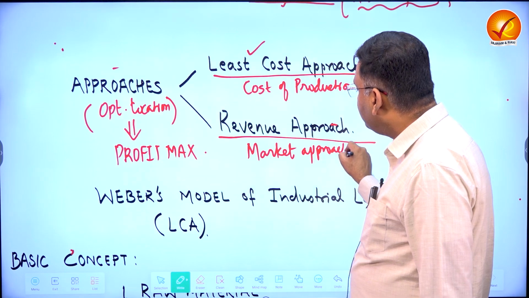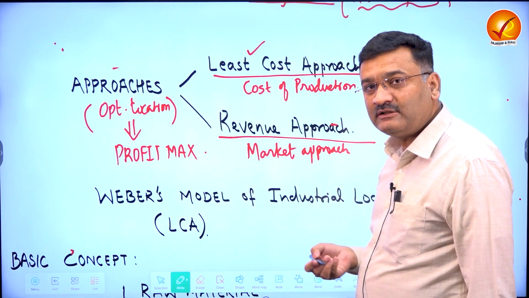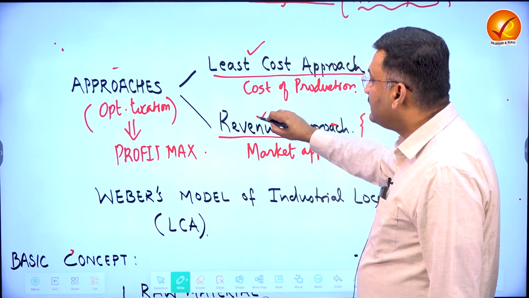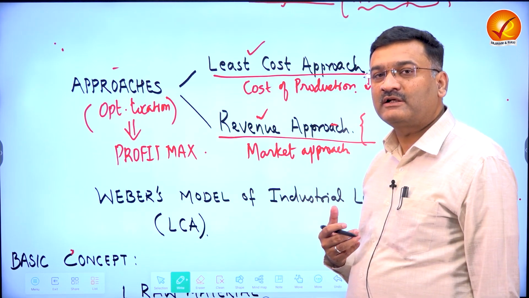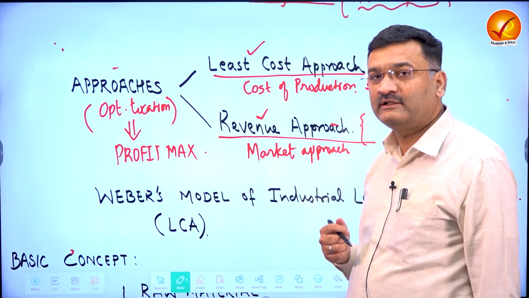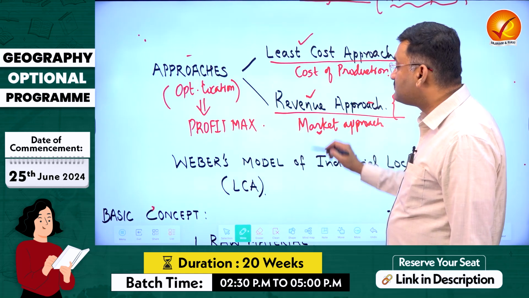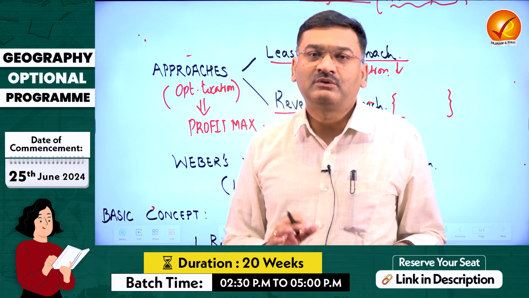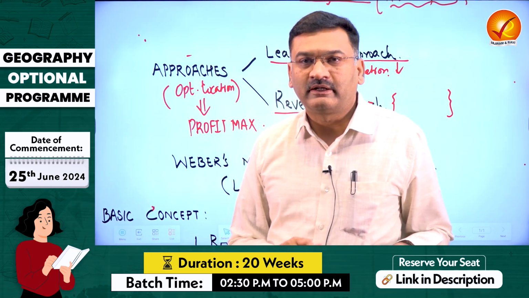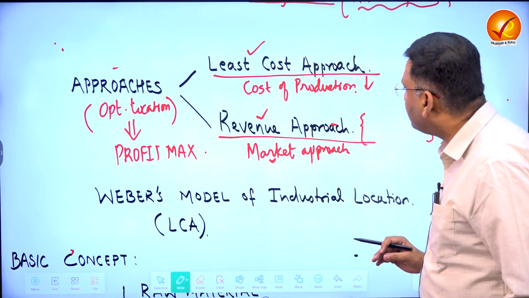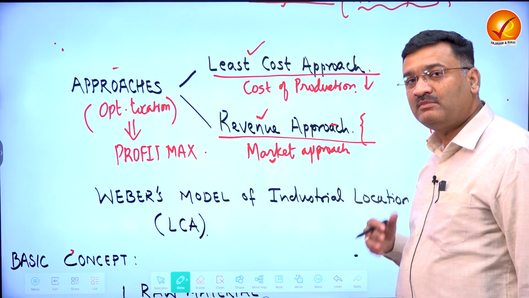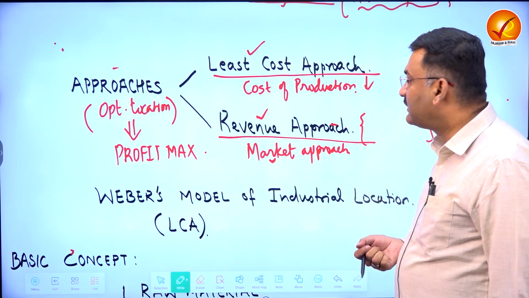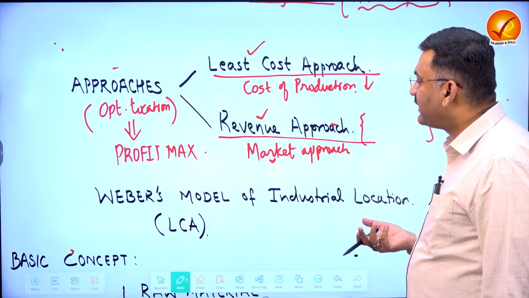Here the focus is not only on minimizing the cost of production but on maximizing the revenue, in the sense of maximizing the sale of the product in the market. Therefore it is known as the market approach. Here the focus is on how much we can sell a particular commodity in the market. Per unit cost might be less, but if your scale of production is more and your sale in the market is more, the profit is maximized.